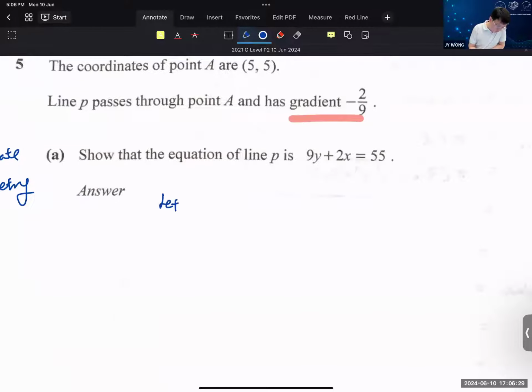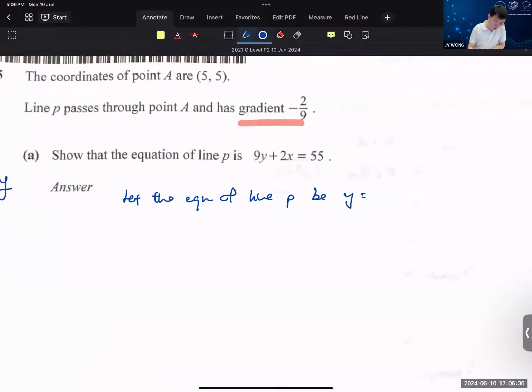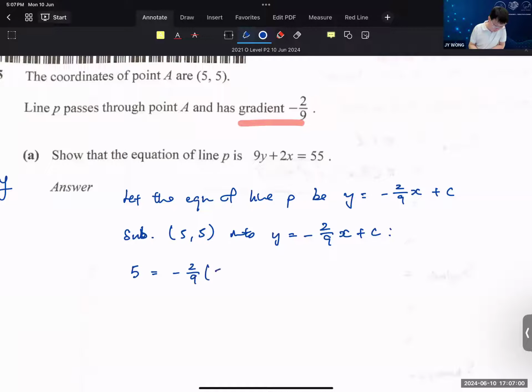So let the equation of line P be y equals mx plus c, where m is negative 2 over 9 here because they tell you that's the gradient. From here, you can sub in the coordinate that it passes through, which is (5, 5). So 5 equals negative 2 over 9 times 5 plus c.